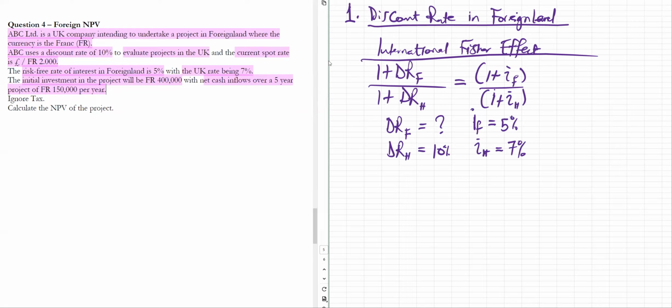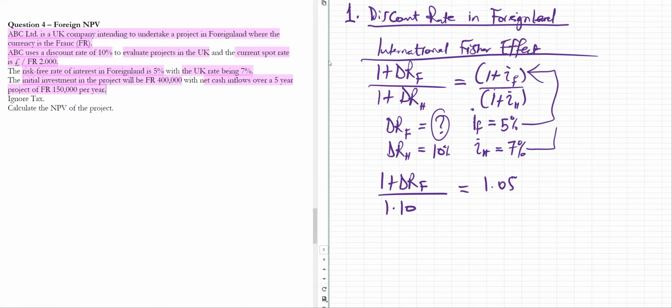With this being said, we can easily find the missing figure by putting it here. So 1 plus DRF, that's what we are finding. We don't know it, but I know that 1.10 is what I have in the UK, which equals 1.05, because that's 5% in the foreign land, all over 1.07.